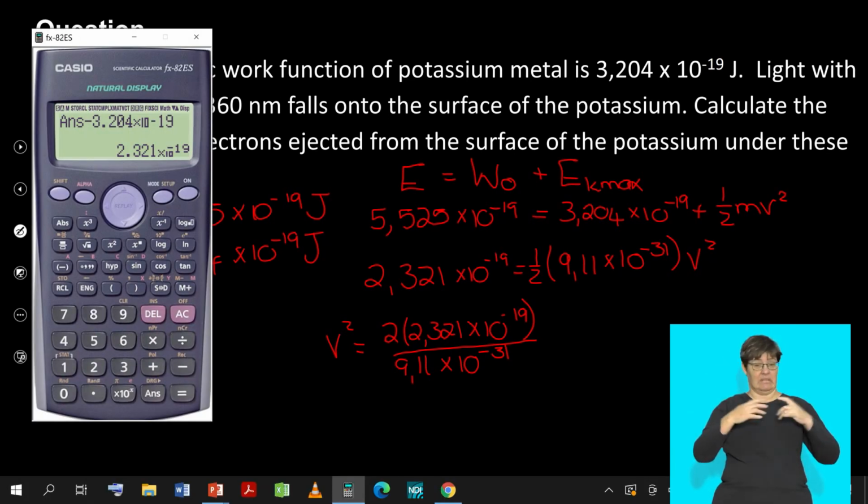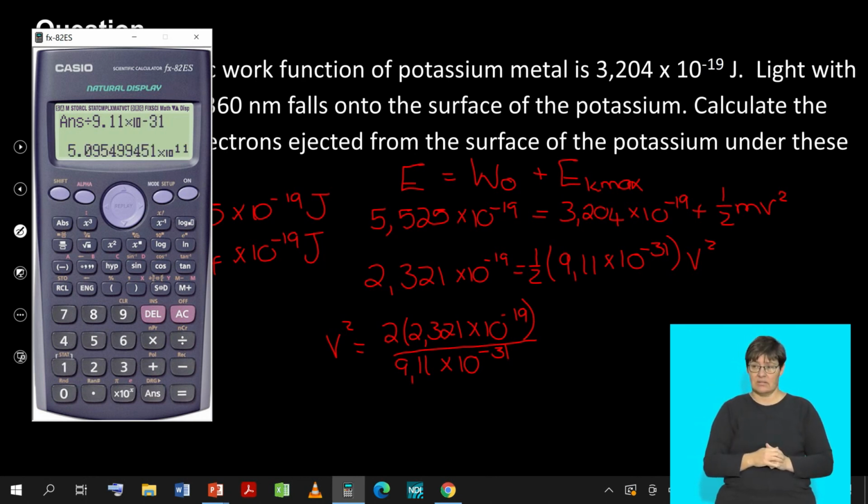Definitely cannot do this in my head. So there's the 2.321. I'm going to times that by 2. I'm now going to divide by 9.11 times 10 to the minus 31. And I get 5.095, but that's v squared. I need v on its own, so I'm going to square root that answer.